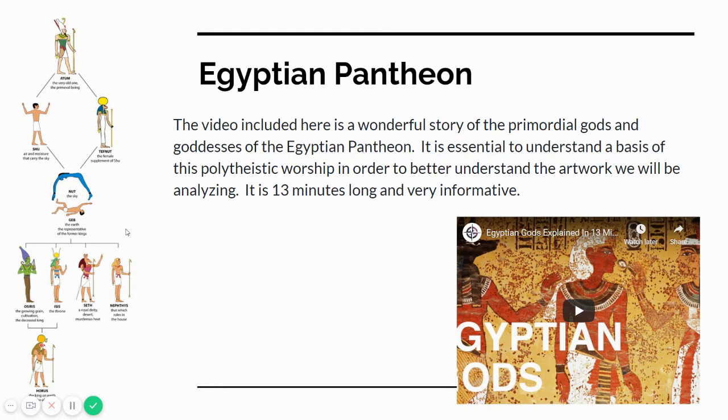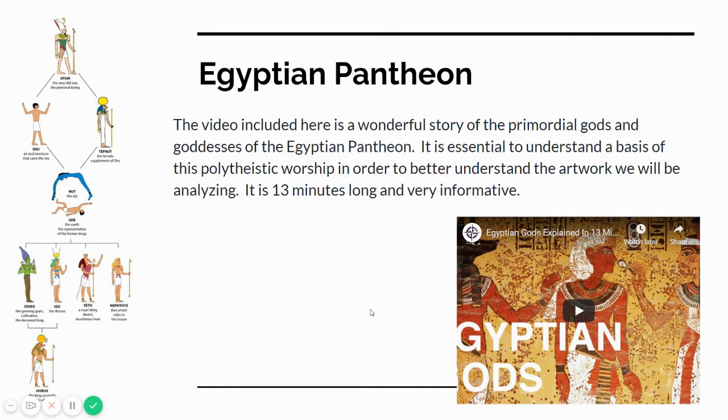The best way to get a good understanding of this family tree and some of their roles and how they were looked at and worshipped is to go to the slides and play this YouTube video. It is 13 minutes long. It's extremely to the point.